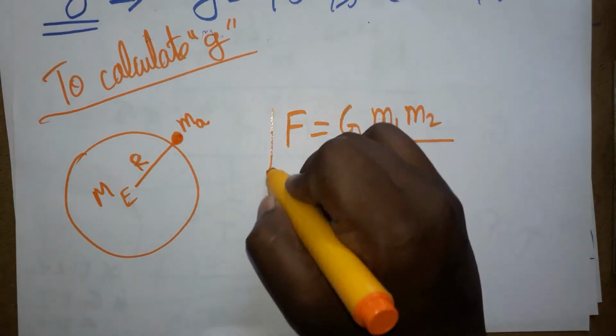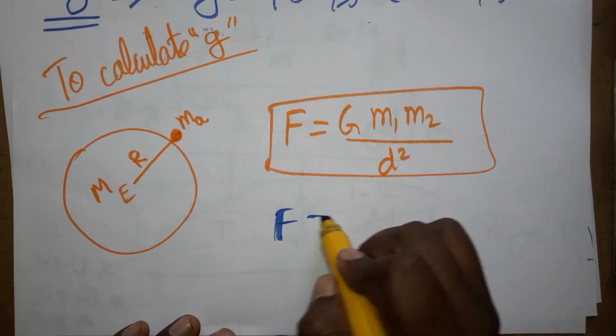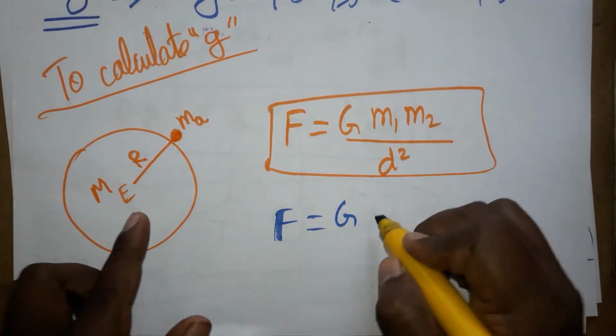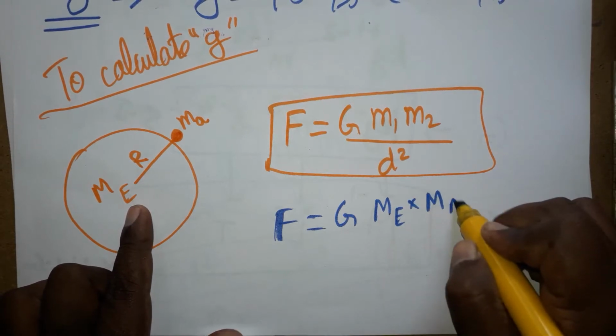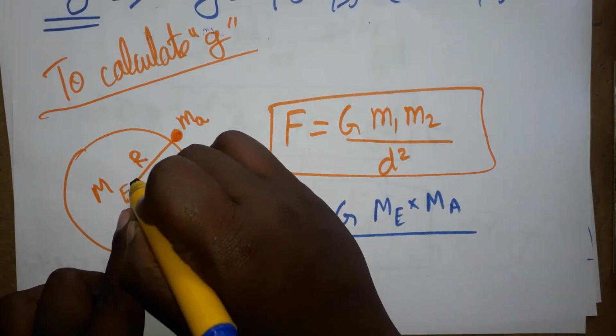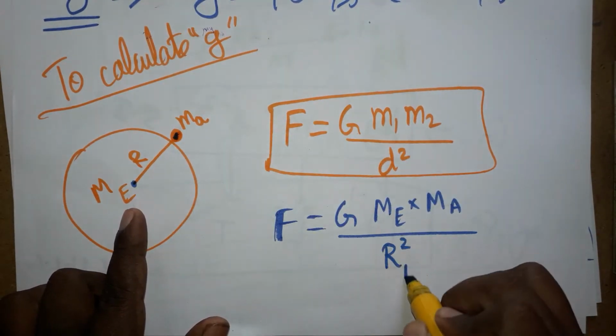This we learned in the universal law of gravitation. Here m1 is the mass of the earth, m2 is the mass of the apple, and the distance between the earth and the apple is the radius of the earth, squared.